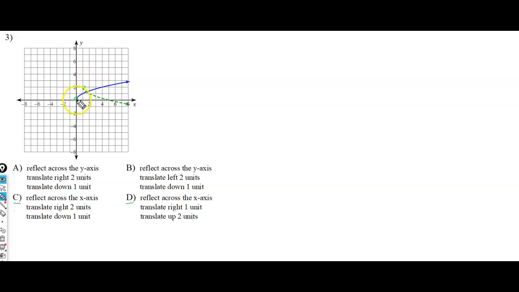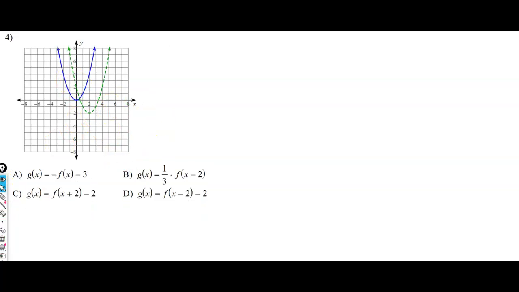So to get from here to here, we would have to go over 1 and up 2. So that's two translations: a translation to the right 1 and a translation up 2. So right 1, up 2 is D. It's been reflected across the x-axis, so it's upside down, and then it's been translated right 1 and up 2, and that's what gets us there.